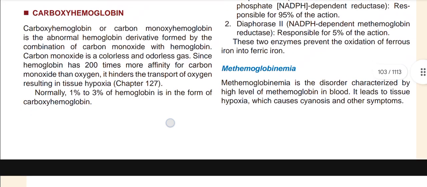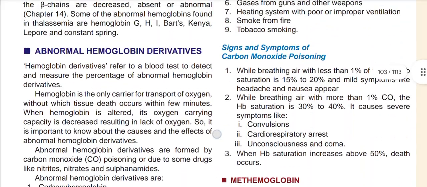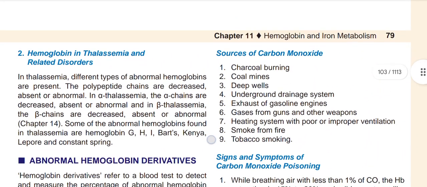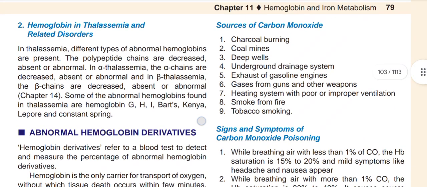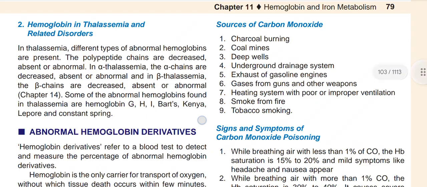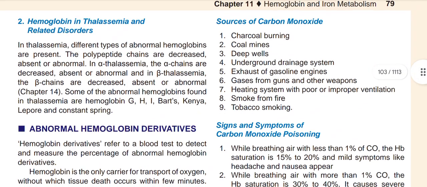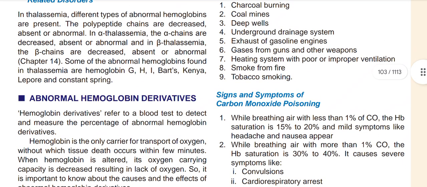Normally 1 to 3% of hemoglobin is in the form of carboxyhemoglobin. Now sources of carbon monoxide: charcoal burning, coal mines, deep wells, underground drainage systems, exhaust of gasoline engines, gases from guns and other weapons, heating systems with poor or improper ventilation, smoke from fire, and tobacco smoking.